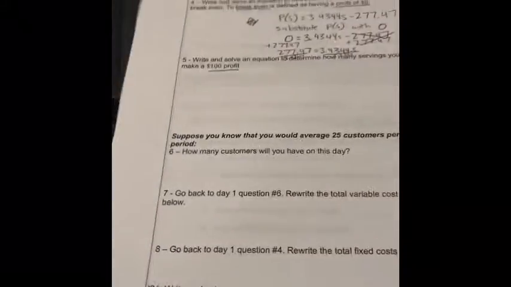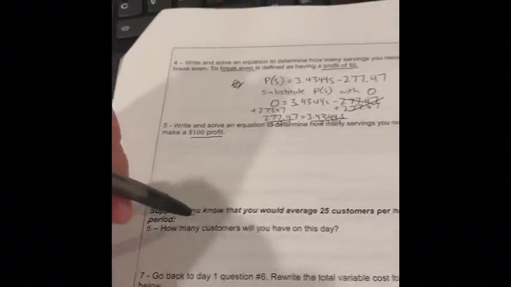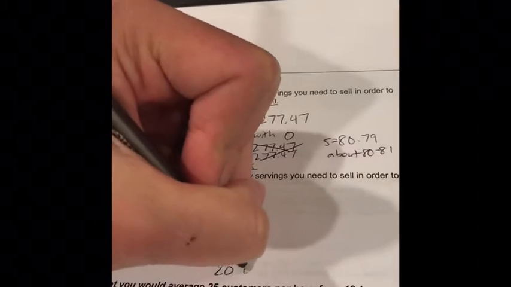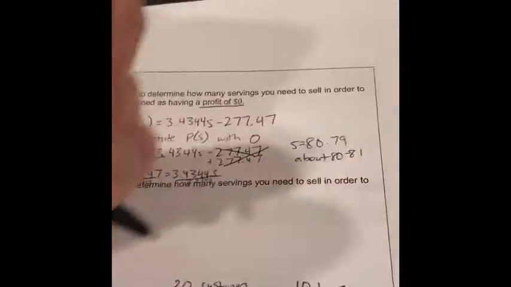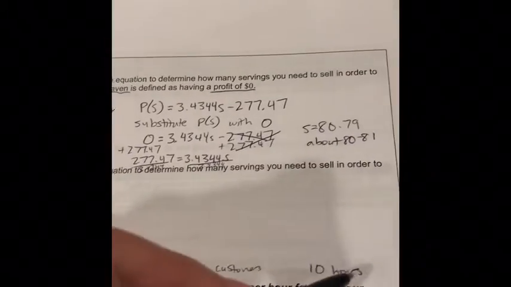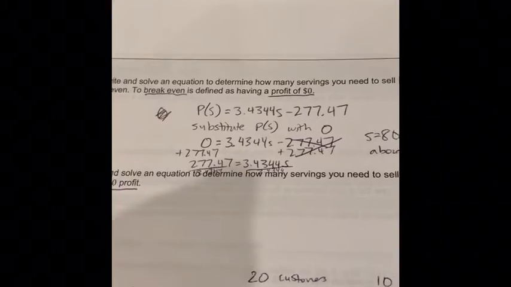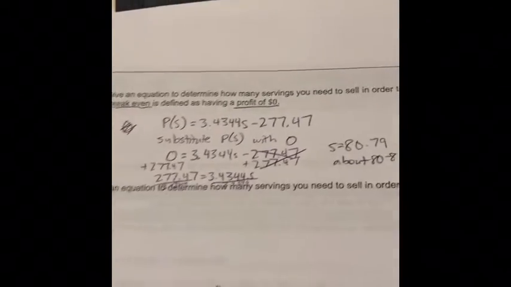All right, last section. Suppose that you know you would average 25 customers per hour for a 12-hour period. So for the sake of this example, I'm just going to do 20 customers for 10 hours. Again, don't use my numbers. Use the one that the packet gives you. I'm just doing this for an example.